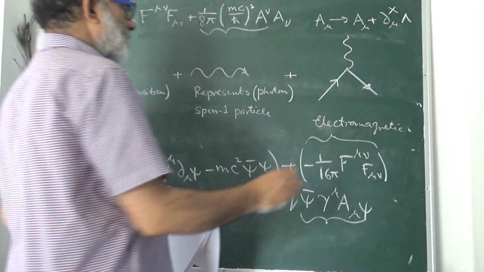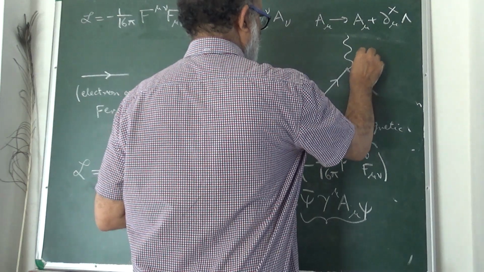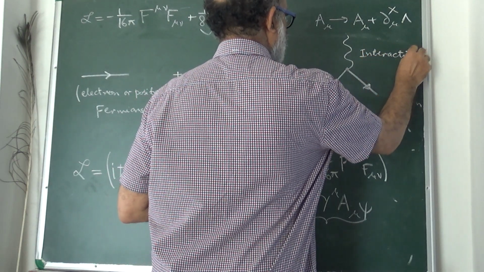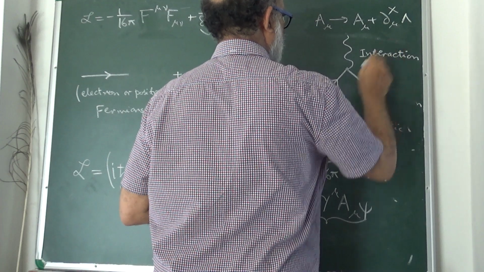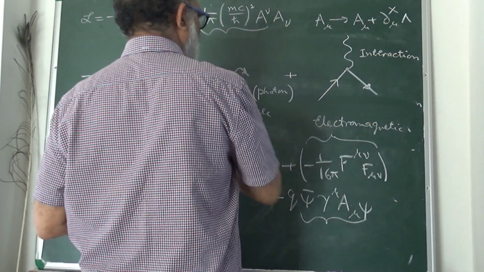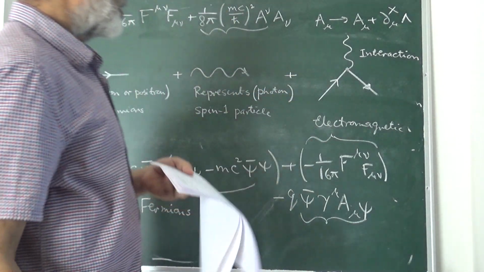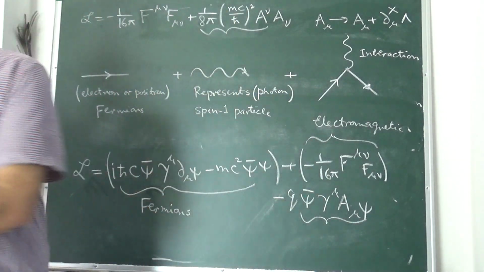So this is the interaction of the fermion field with the boson field. Okay.